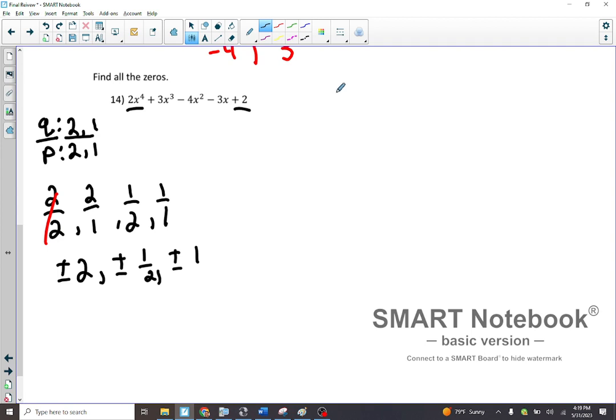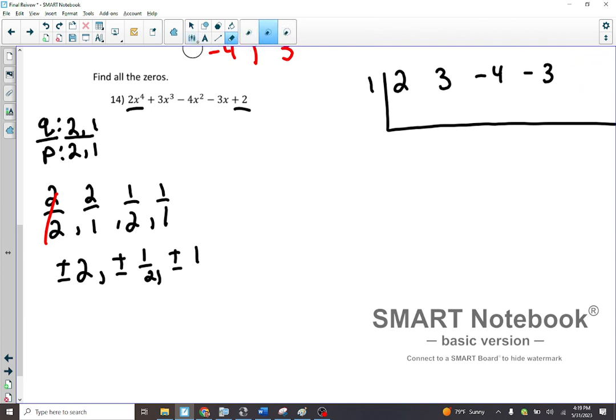So you set up your synthetic division, and you pick one of them to start off with. I'm going to put positive 1 because I'm pretty sure 1 was one of the answers here. If I remember correctly, 1 was one of the answers.